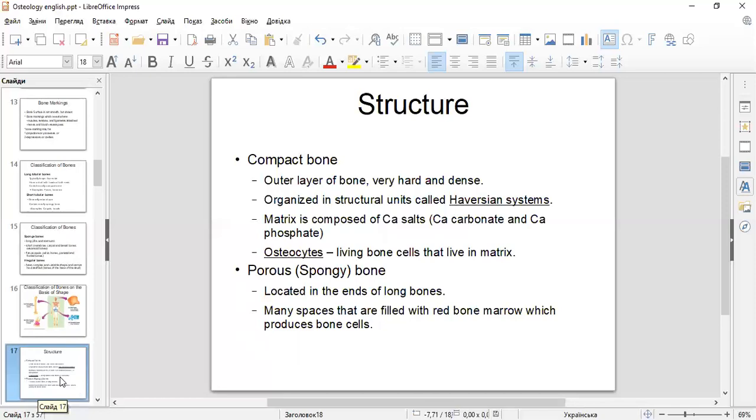Sponge bone is located in the ends of long bones, with many spaces that are filled with red bone marrow, which produces bone cells.